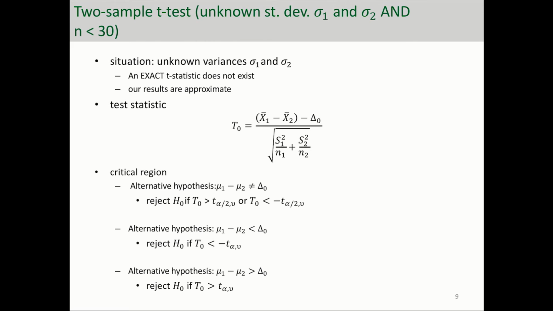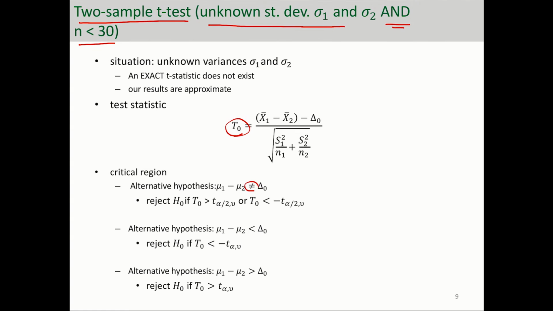But if you're doing a two-sample t-test, for when the standard deviations are unknown and sample size is less than 30, this is how you calculate your test stat. As you can see here, you have sample standard deviations, and this will be your t-score, meaning that you have to compare it with the critical regions in the t-distribution.